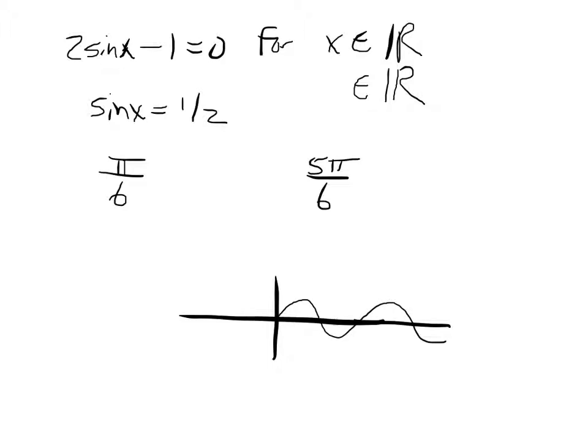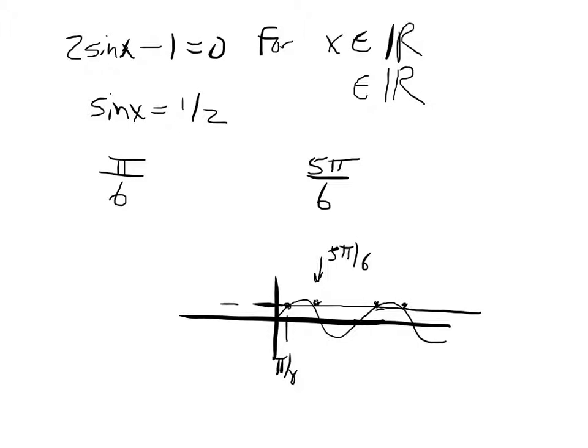I've just found two solutions: one here at pi over 6, and the other one right here at 5 pi over 6. Where are the next solutions going to be? Come across here at 1/2, right over here and right over here.